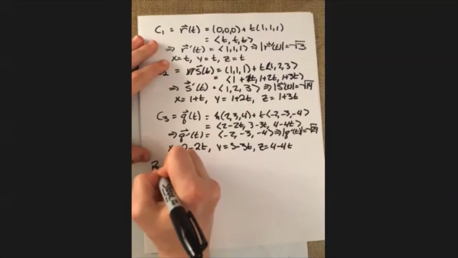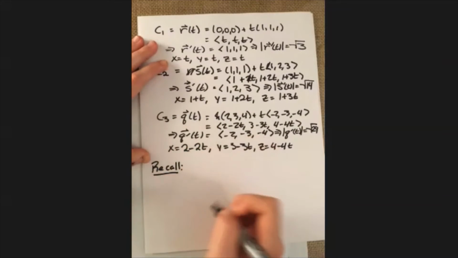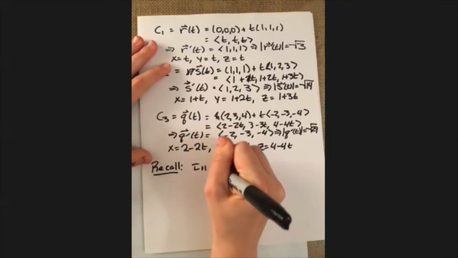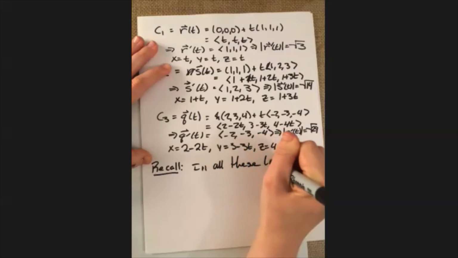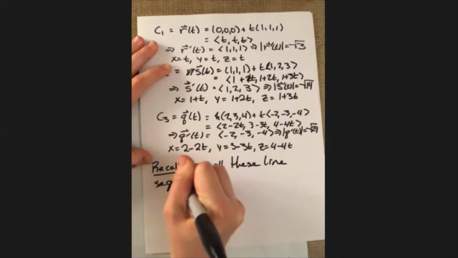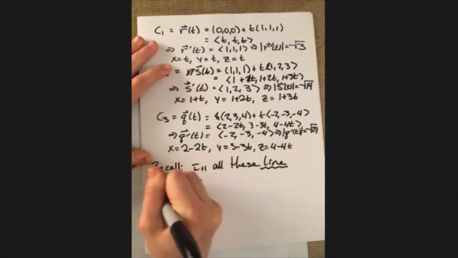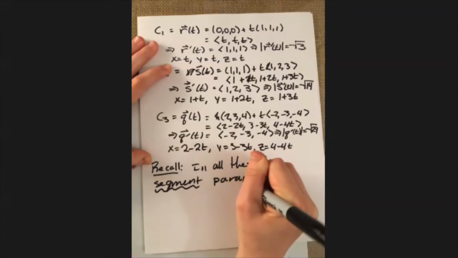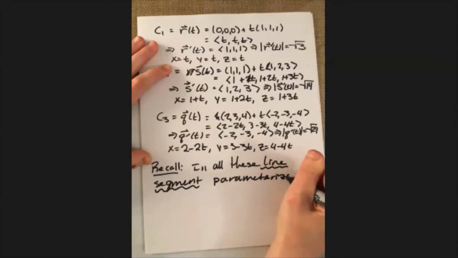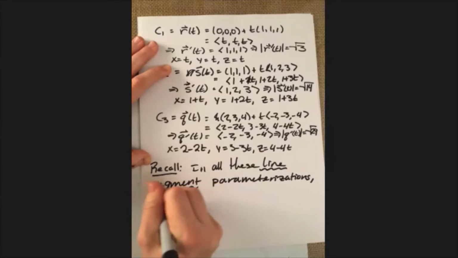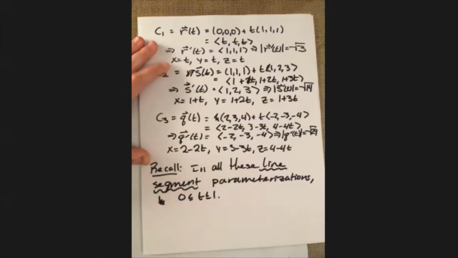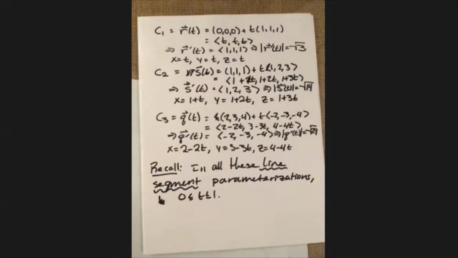So it's going between 0 and 1 in all of these. All right, so that's going to give us our bounds on t for each integral. All right, let's set them all up individually using the information that we found.